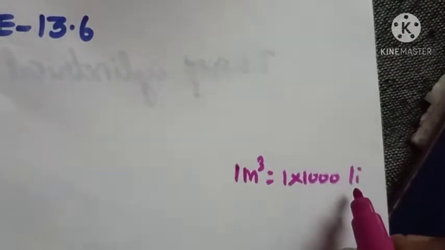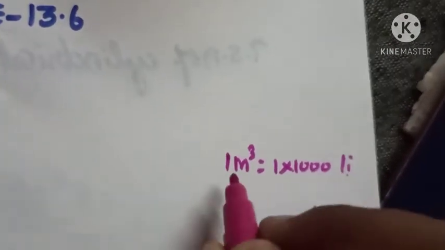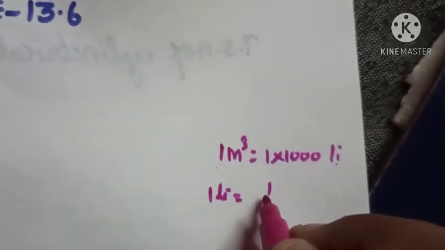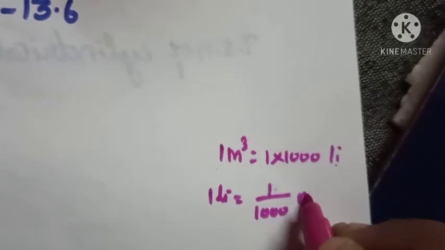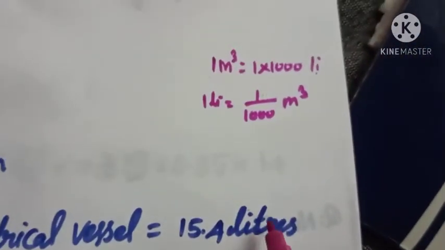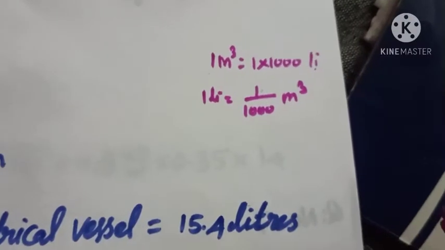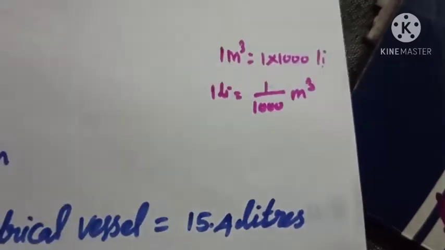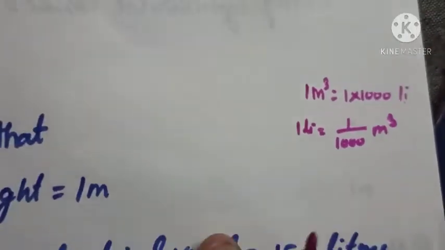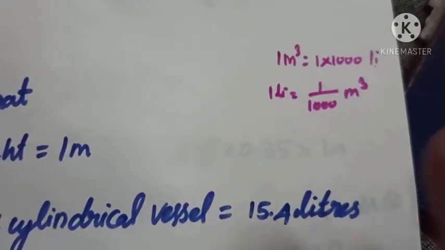In the same way, we need to convert liters to meter cube, that is, 1 liter is equal to 1 divided by 1000 meter cube. Here it is given in liters, so we need to convert it into meter cube. Only then can we find the area of the metal sheet.